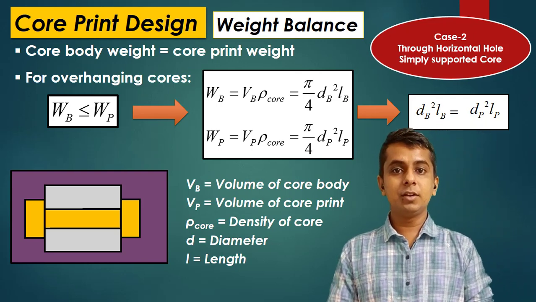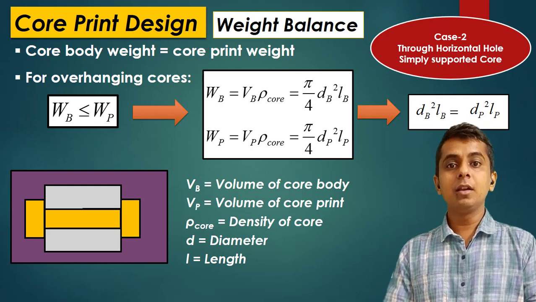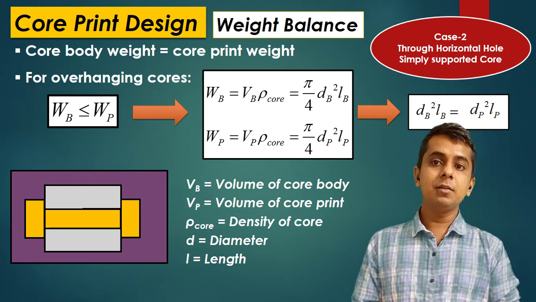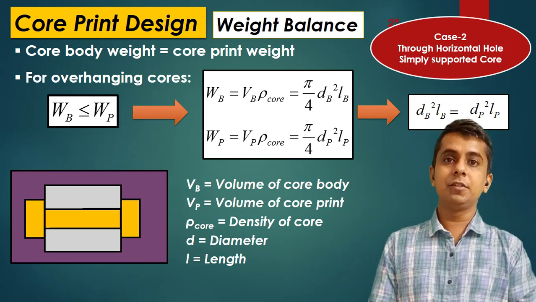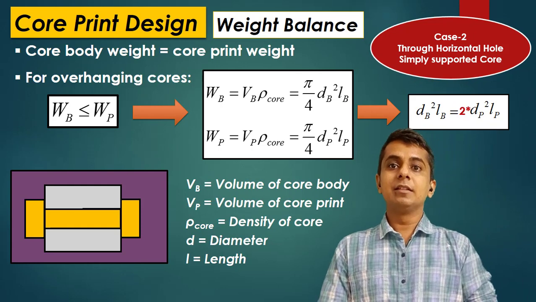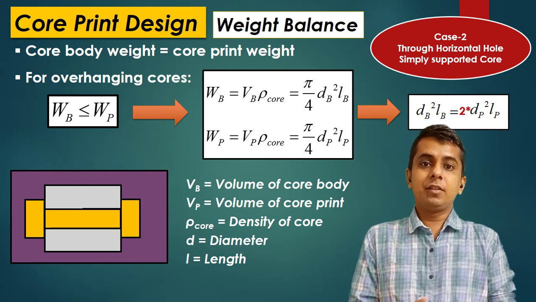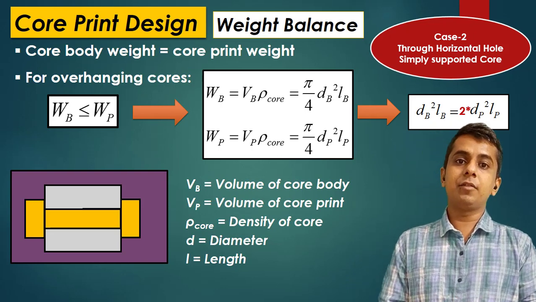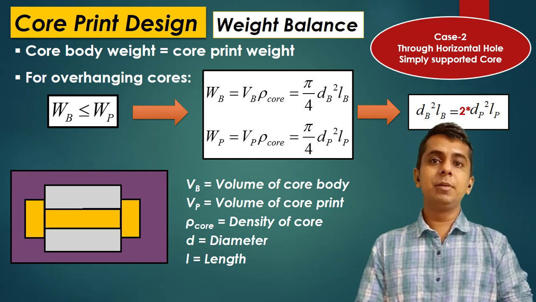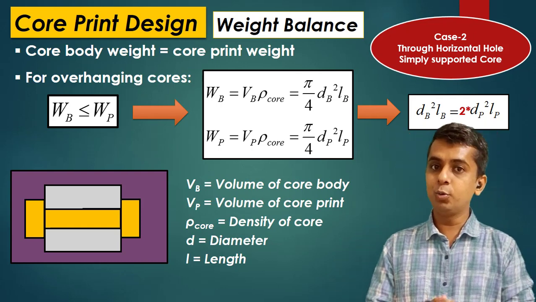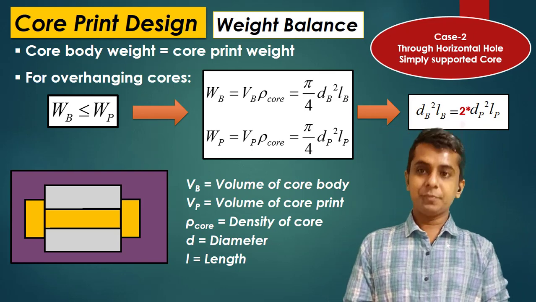Here you are using two prints, so the total weight of the prints should be equal to the weight of the body. The only change will be in this relation: as we are using two prints, we can double the weight of the core print, and by that you get the relation dB square LB is equal to 2 times dP square LP.